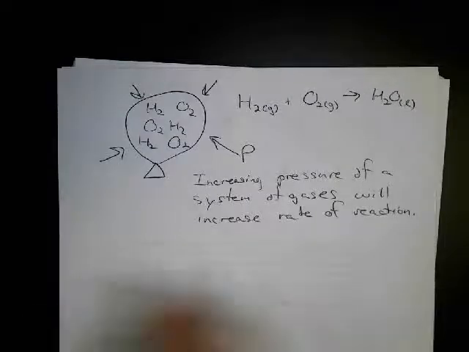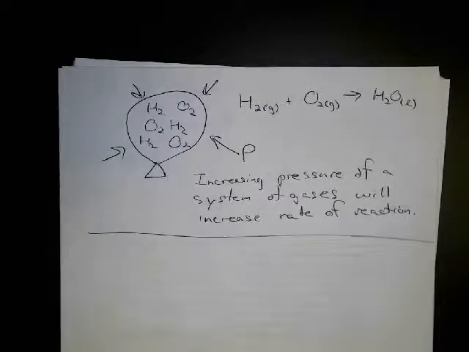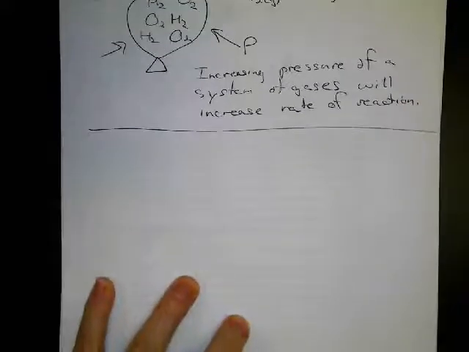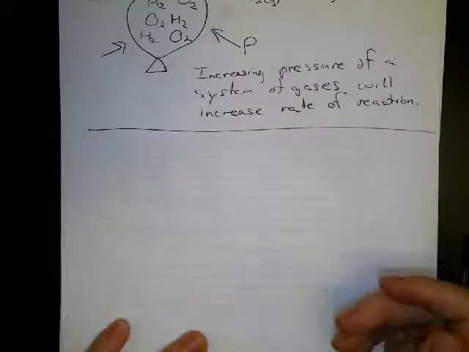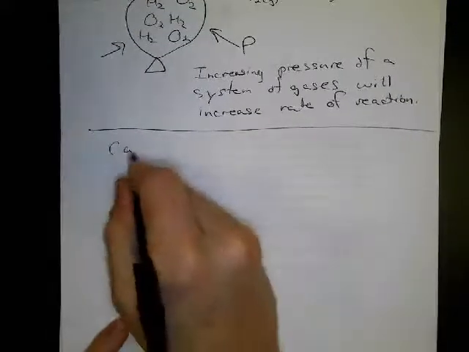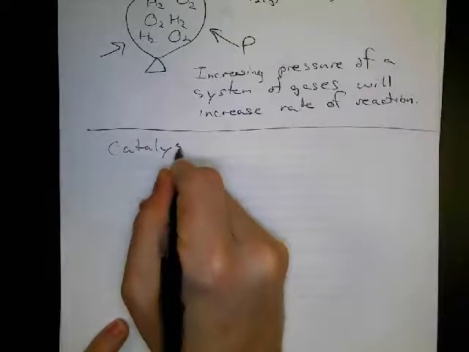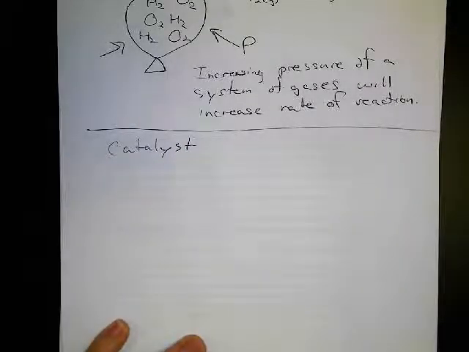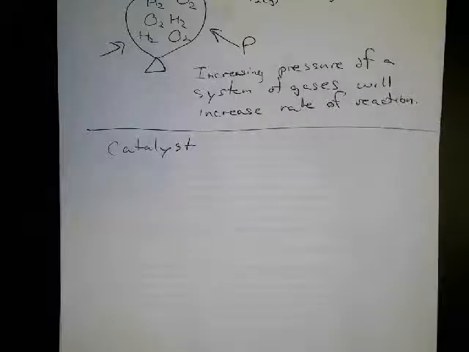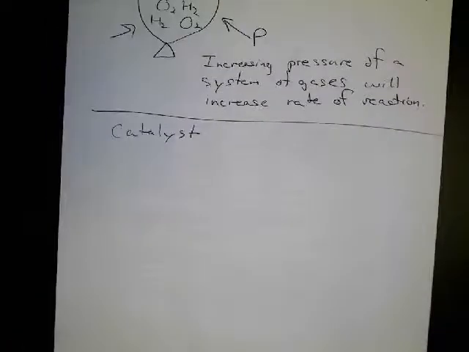Okay. And there's one more thing we can do that I'm going to talk about here, which is adding a catalyst. And catalysts are a special kind of molecule. Here's how I can explain it pictorially.